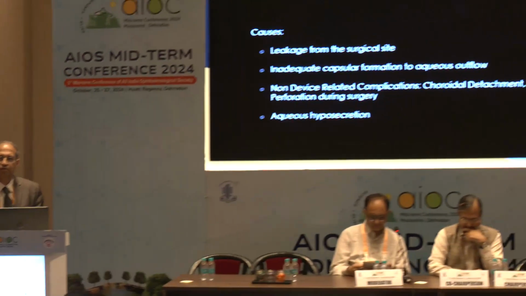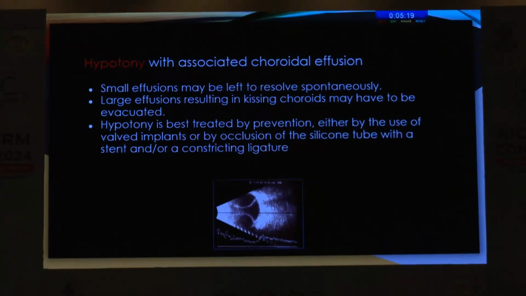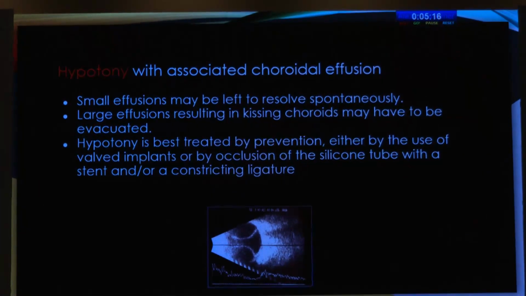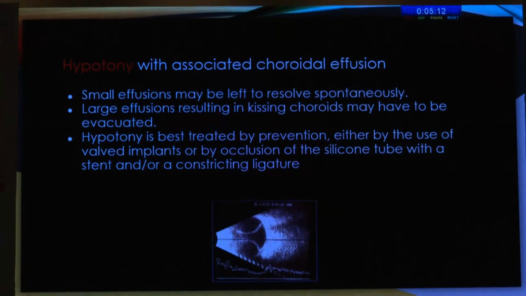And causes of hypotony can be leakage from the surgical site, inadequate capsular formation to aqueous outflow. Then this could be non-device related like choroidal detachment, cyclitis, or perforation during the surgical steps, or it could be transient aqueous hyposecretion. And hypotony with associated choroidal effusion, mostly if it's small effusion, it will resolve automatically after some time.